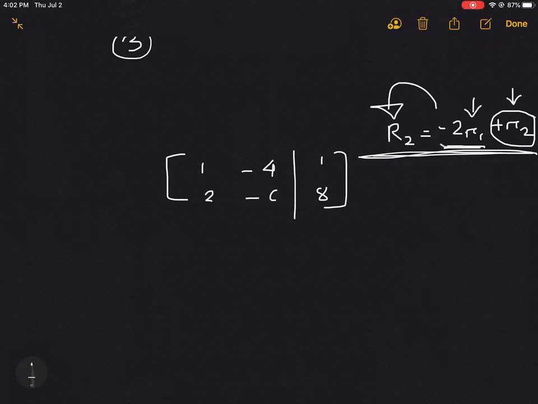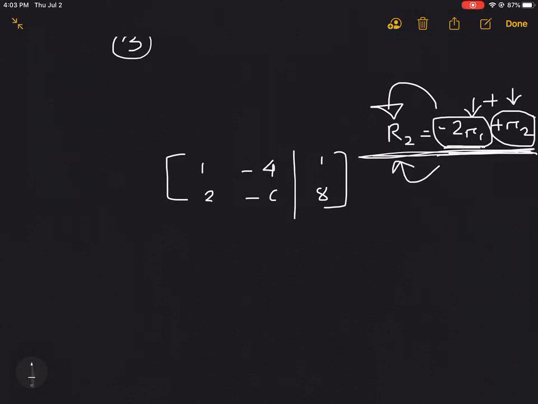As I said, you can multiply any row by a constant. So this -2 R1 means we are multiplying the first row by -2, plus R2 means we are adding R2 with that. And finally, the resulting value will replace that in the second row.